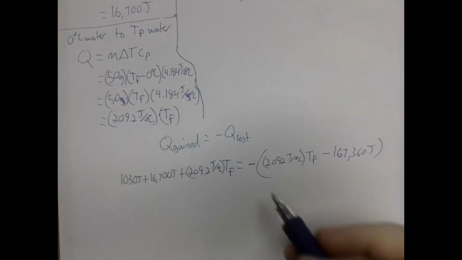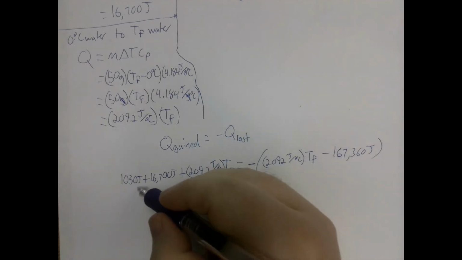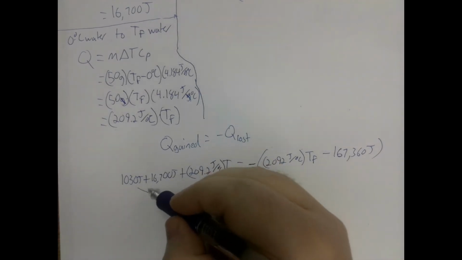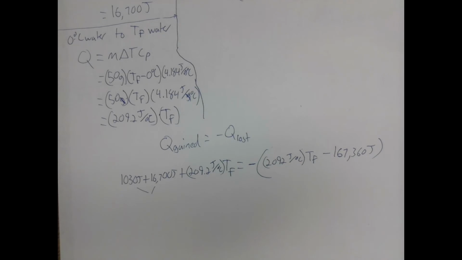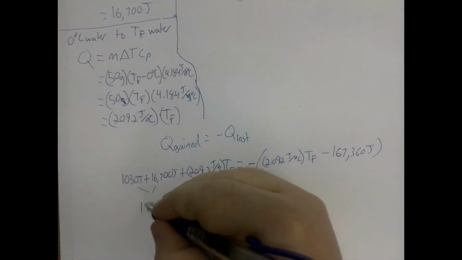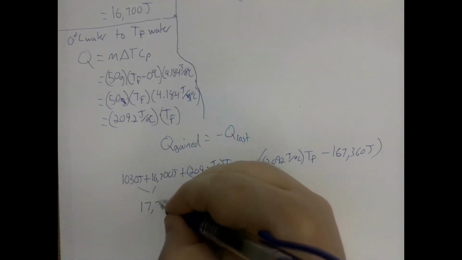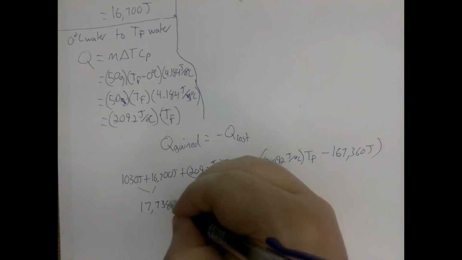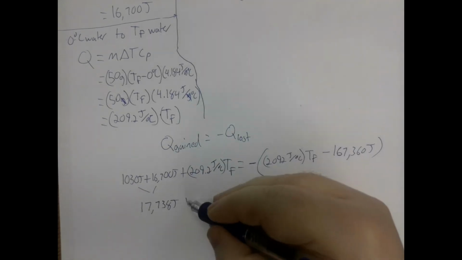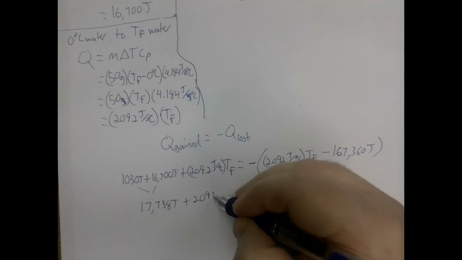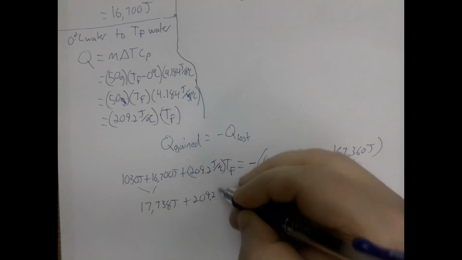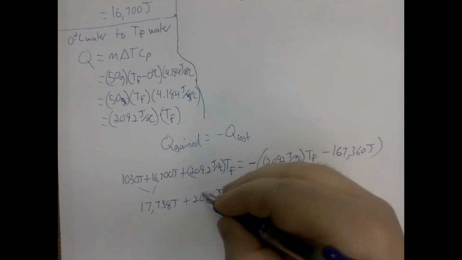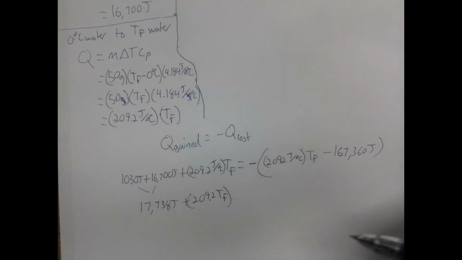Do some algebra to solve for TF. Let's combine like terms. This and this can be added together: 17,738 joules. We'll leave off units.